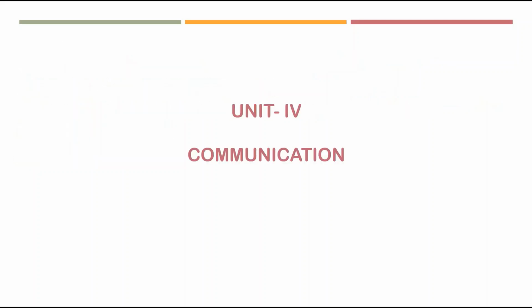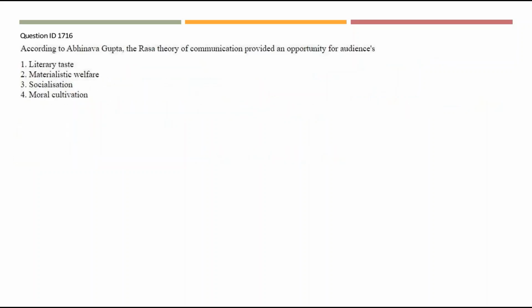Let's move on to Unit 4, Communication. According to Abhinav Gupta, the Rasa theory of communication provided an opportunity for audience what aspect? The theory of Rasa is given by Bharata and it was developed by Abhinav Gupta. In fact, Abhinav Gupta applied it to all varieties of theatre and poetry.